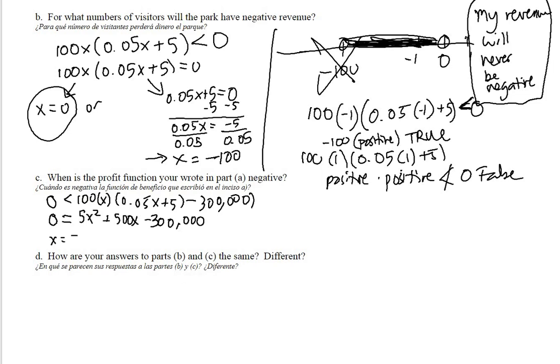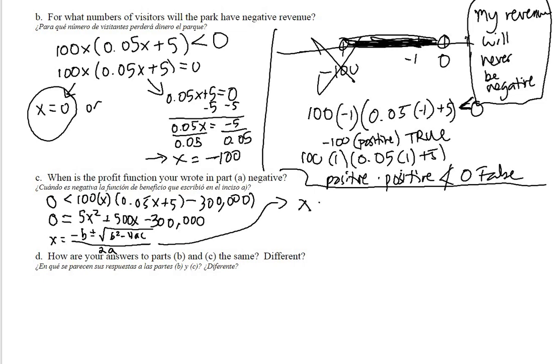X is equal to negative b plus or minus the square root of b squared minus 4ac all over 2a. But actually, I'm just going to plug it into a quadratic formula calculator. And I plug that in, and I get my boundary points. X is equal to 200 or negative 300.